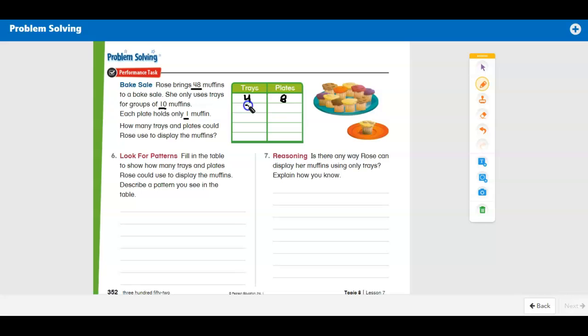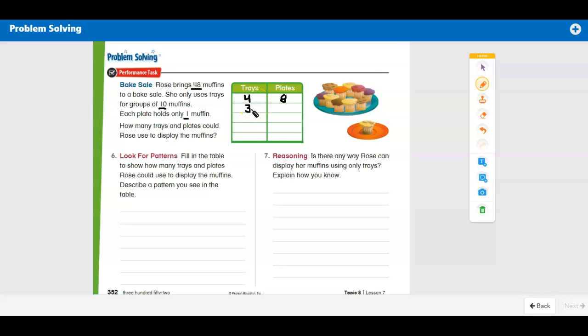If we used 3 trays, that would hold 30 muffins. How many would have to go on the plate? If the trays can hold 30 muffins and we have 48, how many of the muffins would have to go on the plate? 30 plus 10 is 40. 40 plus 8 is 48.